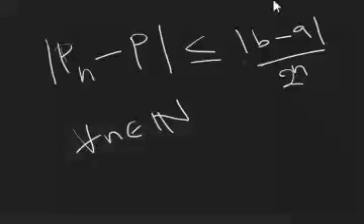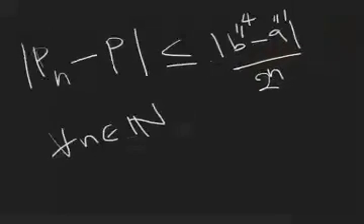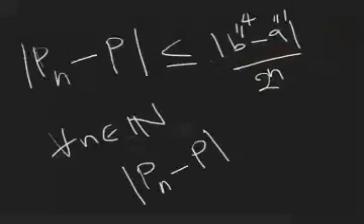The right endpoint is 4, the left one is 1, so the length of the interval [1, 4] is 3. So the distance between any midpoint and the exact root of function f is less than or equal to 3 divided by 2 to the power n.